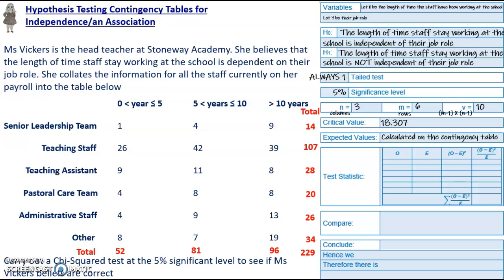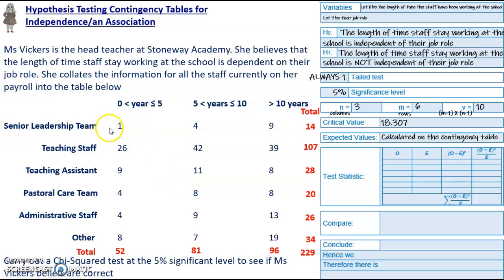Once I've got my totals, I can then use the formula to work out the expected values. So the expected value for senior leadership staff that have been there between 0 and 5 years is its row total, which is 14, times its column total, 52, and then divide that answer by the grand total, 229.